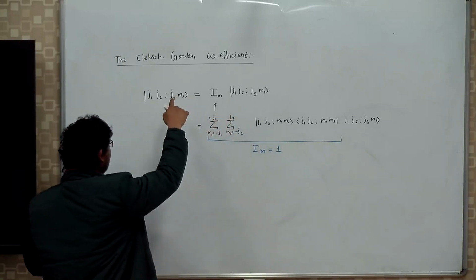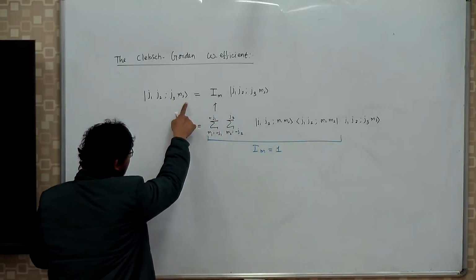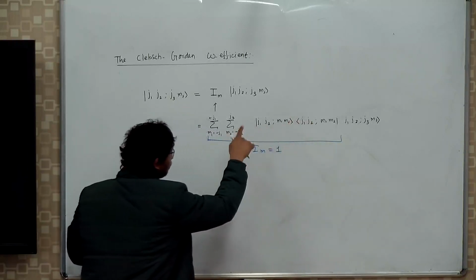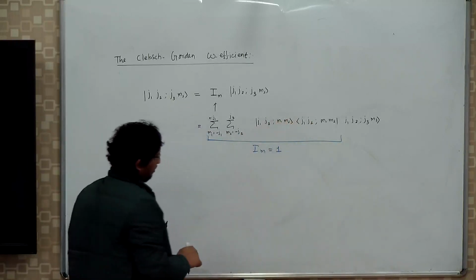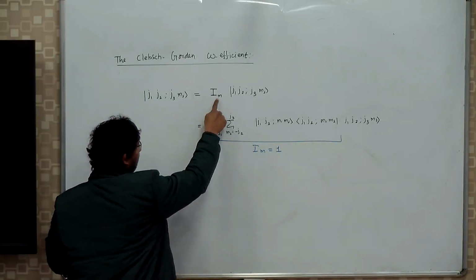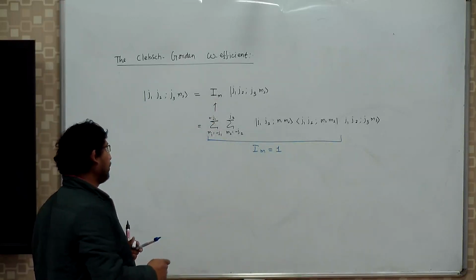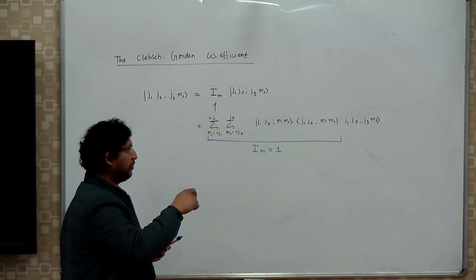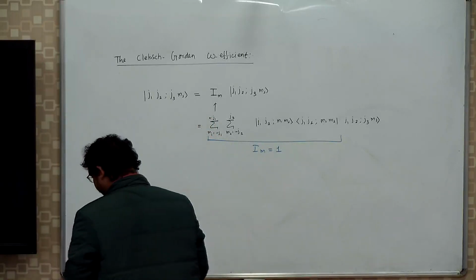When we are considering a coupled state, then the completeness relation should be of the uncoupled states. If you are considering an uncoupled state, then the completeness relation which you are going to insert should be from the coupled basis. Fine.